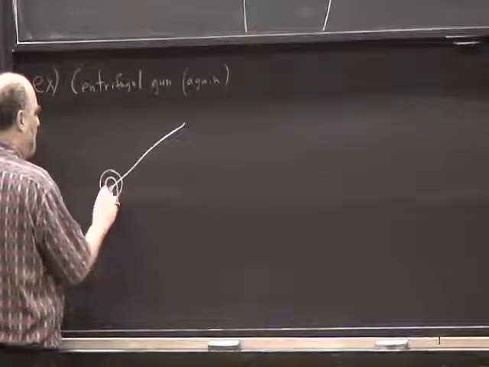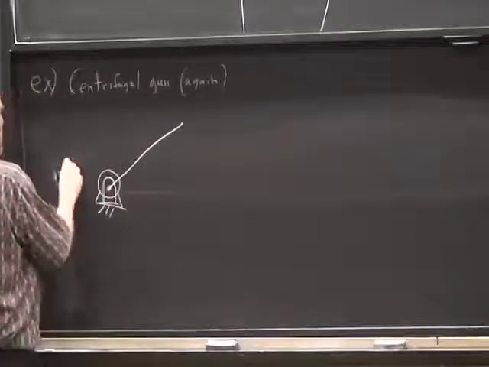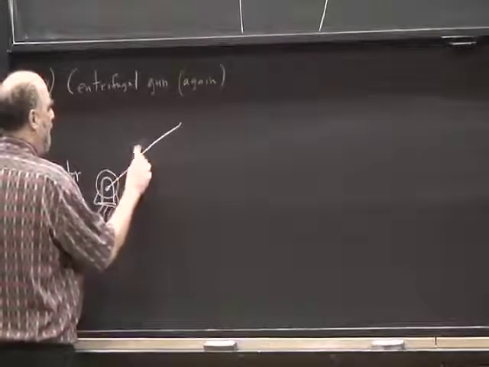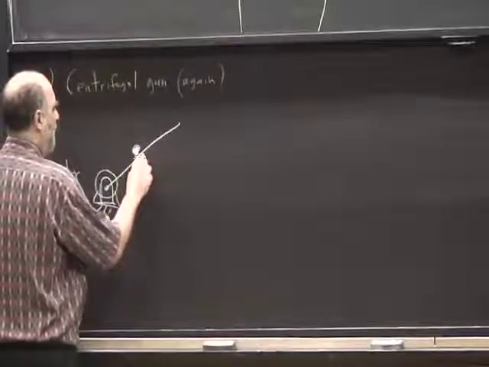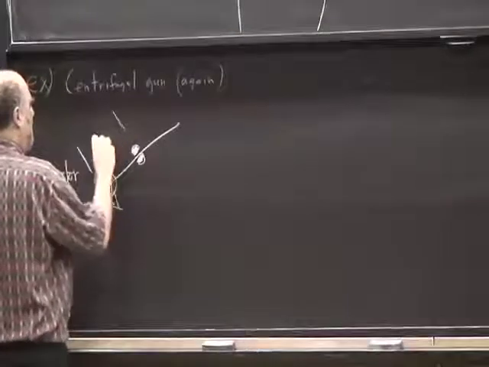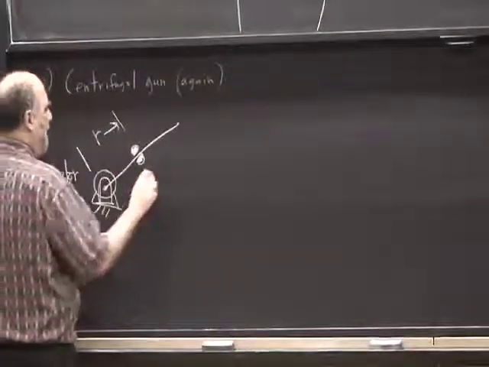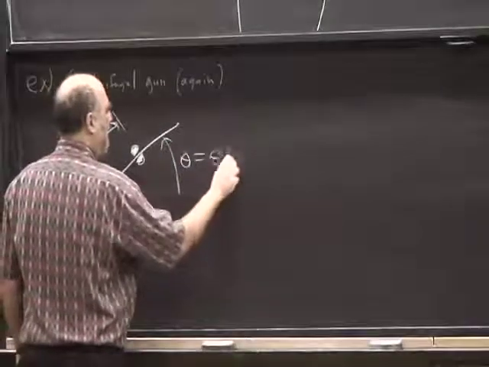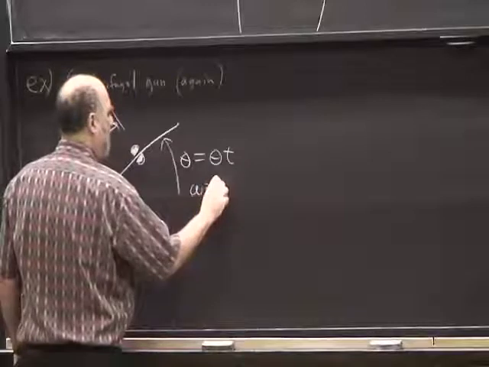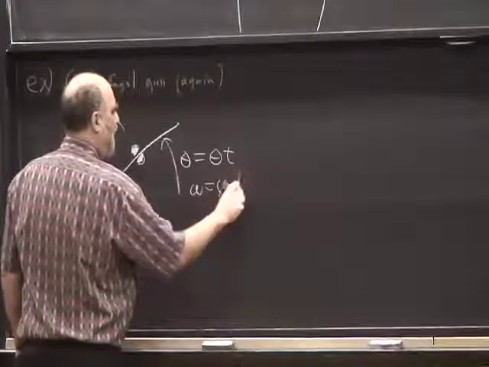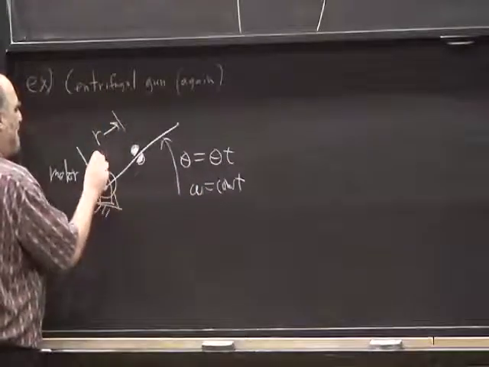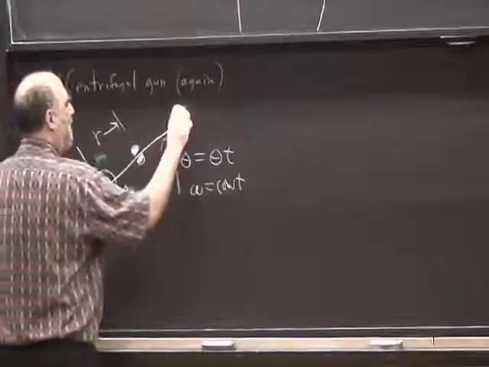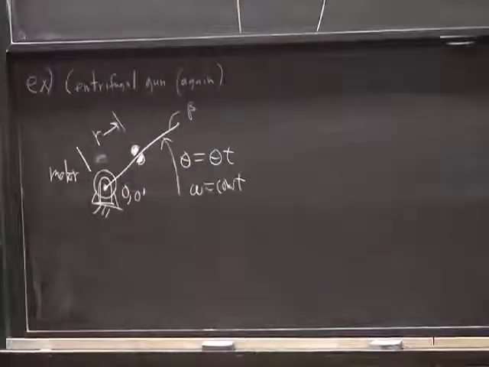There's a motor here. And we've got this bead on this stick. And it's out here some distance r. And this thing is some theta, which I'm going to say is omega times t. So I'll say omega is equal to a constant. For the purposes of this calculation, I'll say that this point is O, and it's also O prime. And I'll call this my moving body.